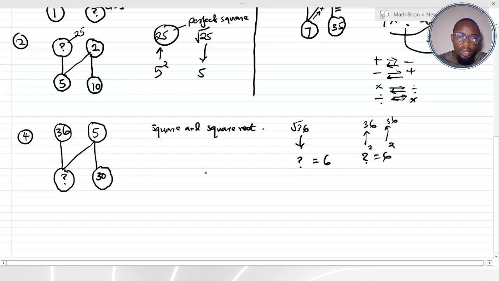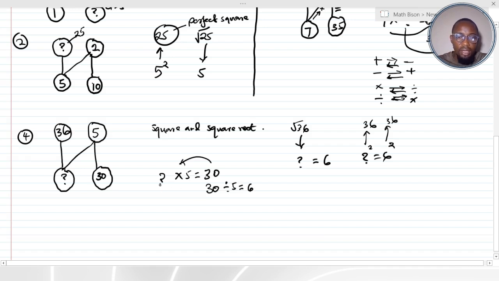Now, the other storyline is that we know that whatever is in part B, if you multiply it by 5, you should have 30. And by reverse engineering, to get that number, we need to do 30 divided by 5, and we have 6.